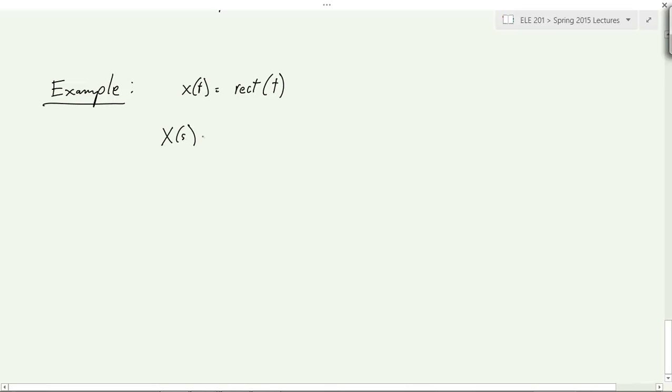So x of s equals the integral of rect of t e to the negative st dt. We'll take rect into the limits here, so it's negative half to half of e to the negative st dt. And that's going to be e to the negative s over 2 minus e to the s over 2, all over 2. Now, what about the region of convergence?